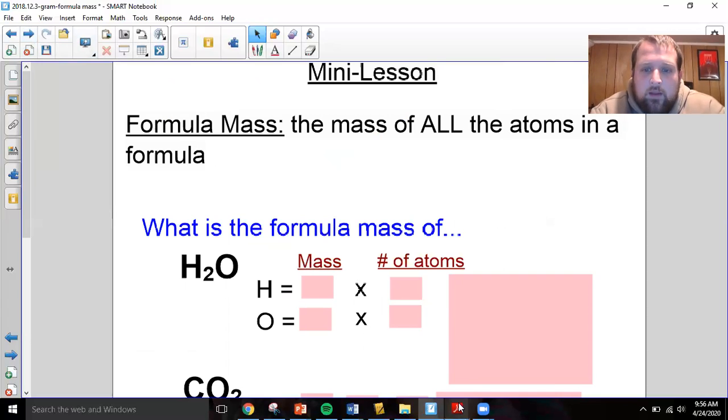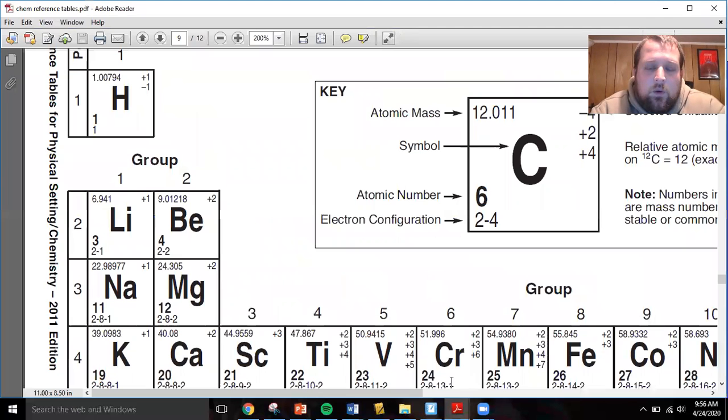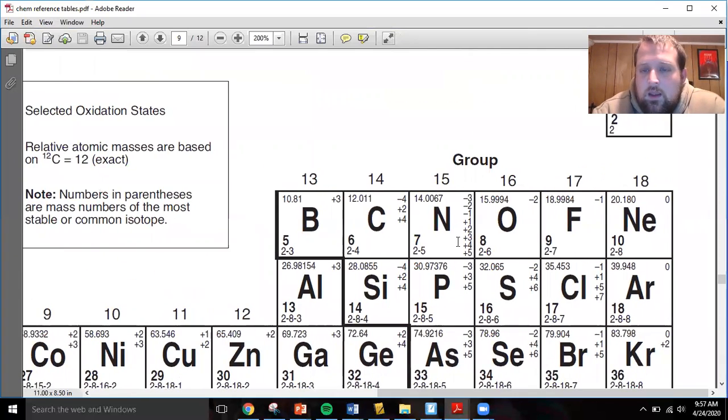We just look it up on the periodic table. So as a reminder, the atomic mass is the number in the upper left-hand corner. We're going to round it to the nearest whole number. And so for the case of water, there's hydrogen, which has a mass that rounds to 1. And there's oxygen that has a mass that rounds to 16.